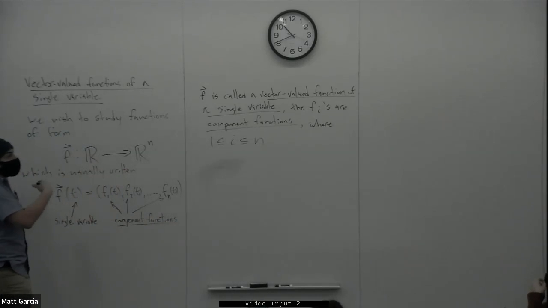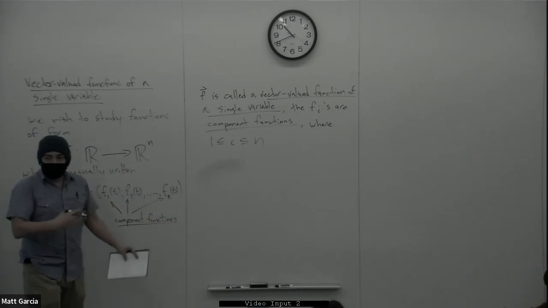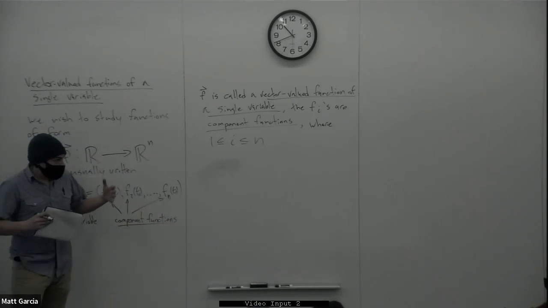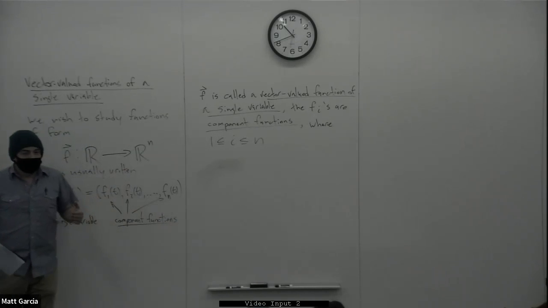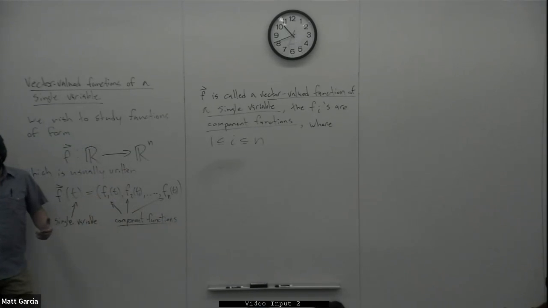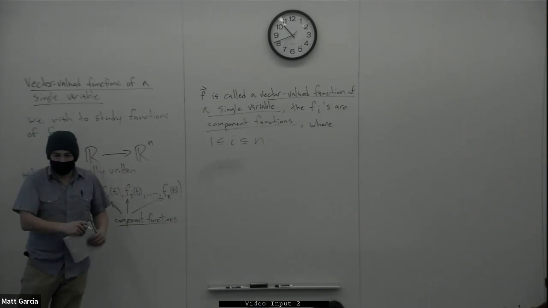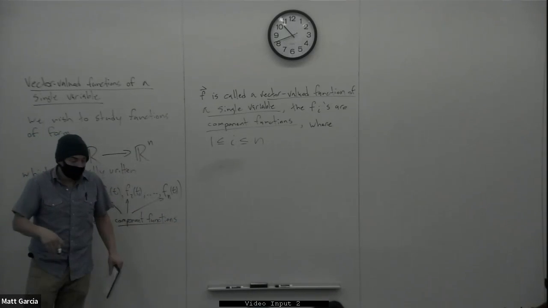So now we're adding a layer of complexity because we now will consider things, well, to start, that have vector output. We'll soon get to things that have vector input. And we will, by the end of the course, start to study functions that have both vector input and output. Okay, we'll sprinkle some of that in along the way.